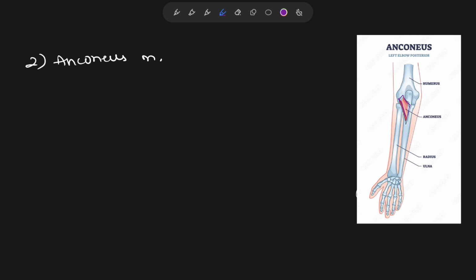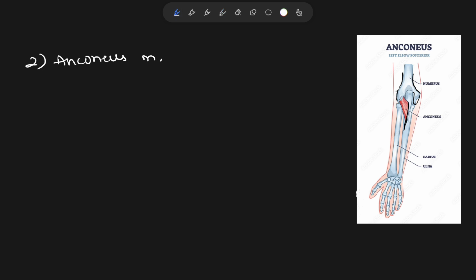Let's see the origin. This is the lateral epicondyle and this is the medial epicondyle. It is originating from the lateral epicondyle of the humerus bone, and it is inserting at the olecranon process of the ulna. But which side of that? It is to the lateral side.